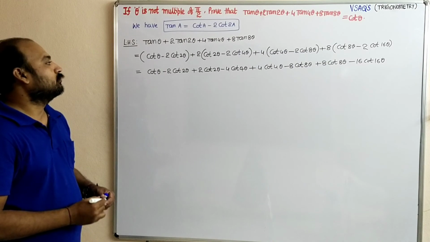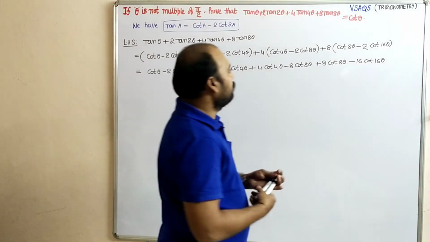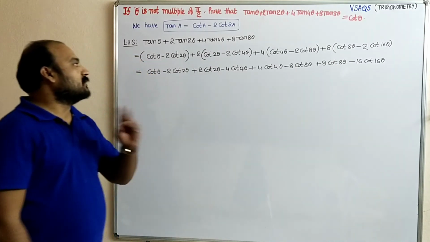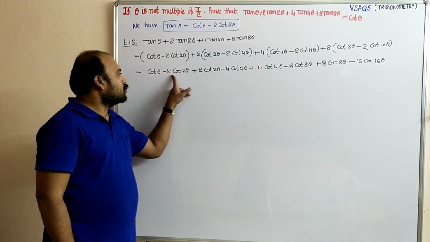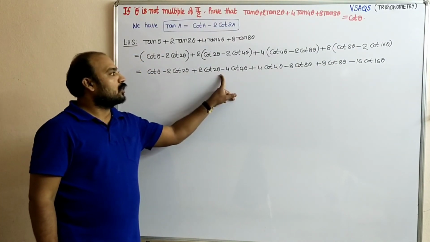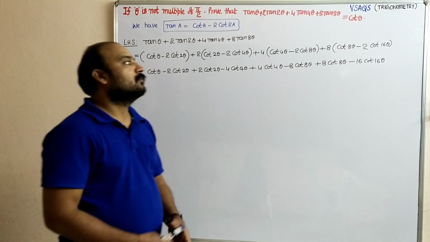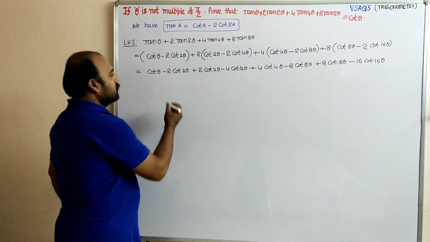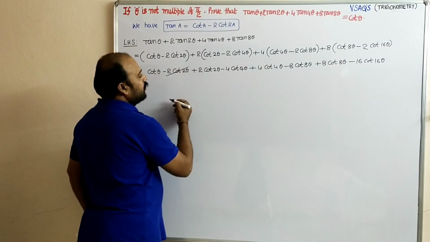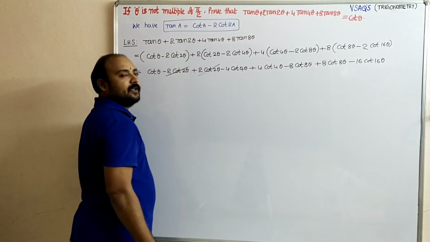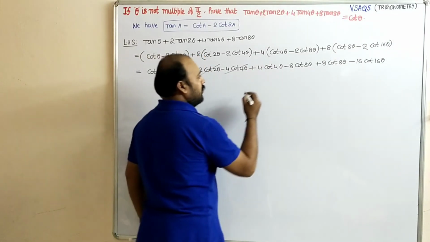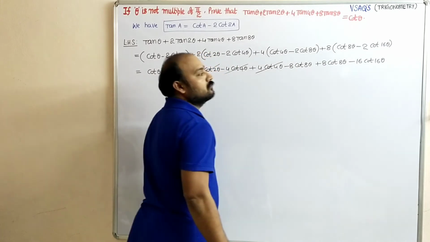Now here, what are the possibilities? Minus 2 cot 2 theta plus 2 cot 2 theta cancel. Minus 4 cot 4 theta plus 4 cot 4 theta cancel.